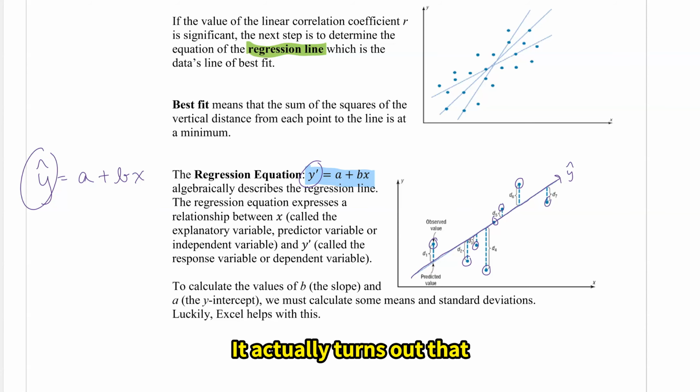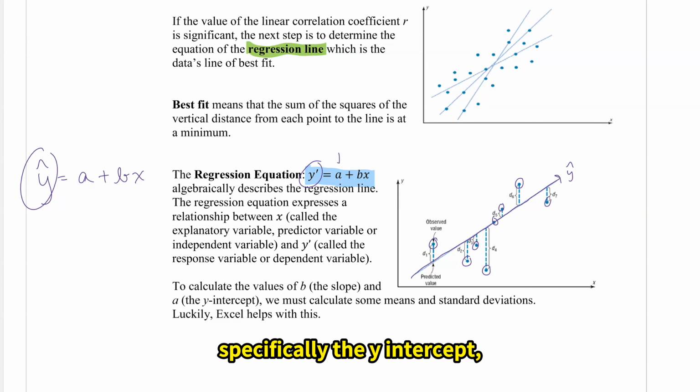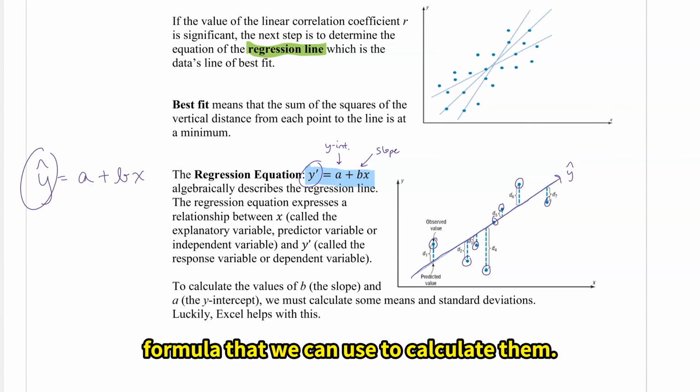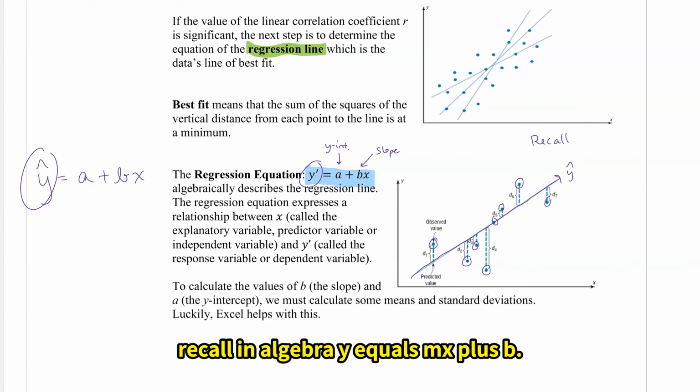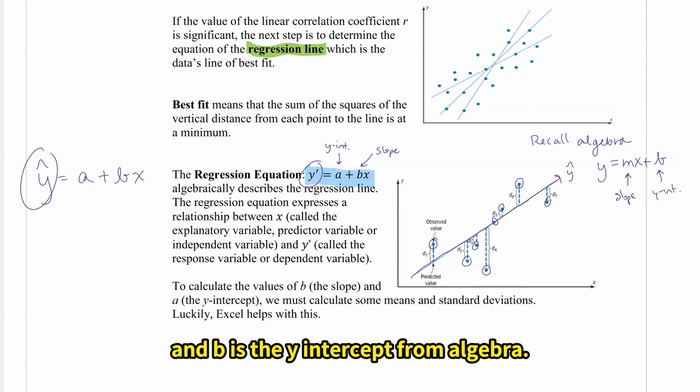It actually turns out that to calculate the values for the regression equation, specifically the y-intercept, which in statistics books is usually called a, and the slope, which in statistics books is usually called b, there are some pretty simple formulas that we can use to calculate them. Recall in algebra, y equals mx plus b. m is the slope in this form, and b is the y-intercept from algebra.